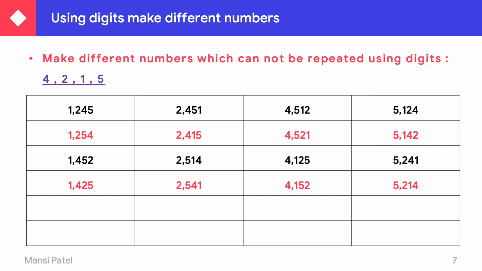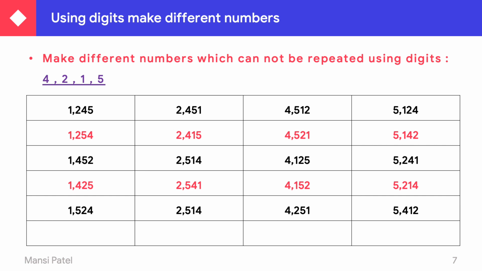rule number 1, you have to change the place of only hundreds, tens and ones. So 1524, then 2514, then 4251, then 5412.